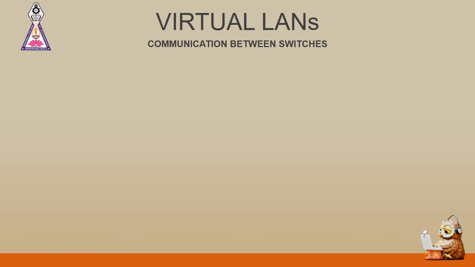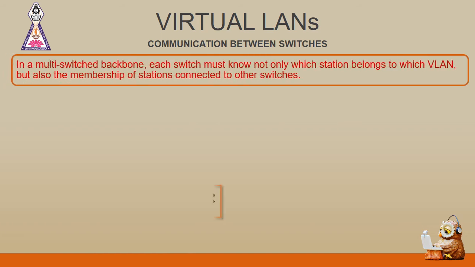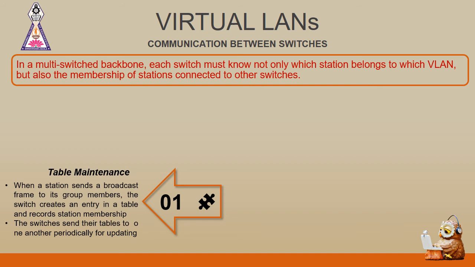On that note, three methods are made use of in order to enable or establish the communication between the different switches. The first method is in terms of table maintenance. So in this particular method, a station sends a broadcast frame to its group members, and the switch creates an entry in the table and records them as a station membership.